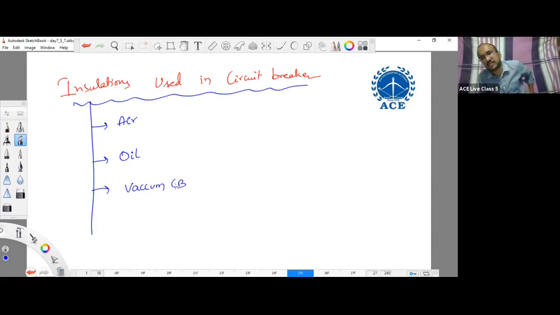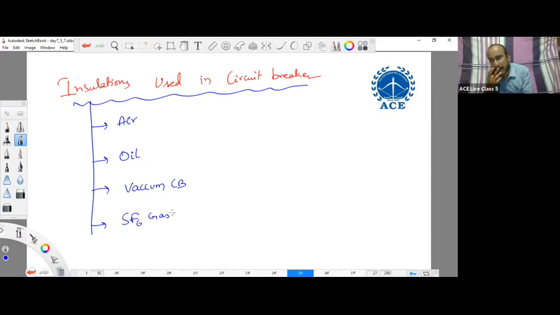In a vacuum circuit breaker, vacuum is the insulation. And we have the SF6 circuit breaker, where SF6 gas is the insulation medium.